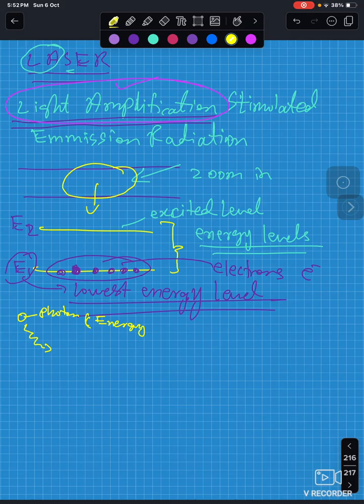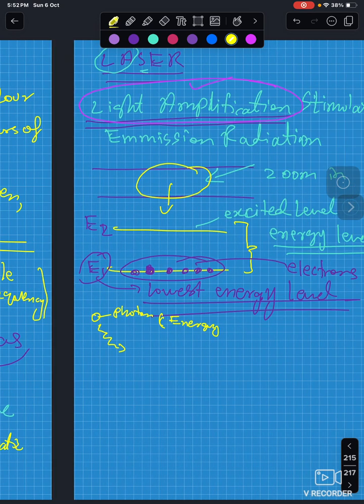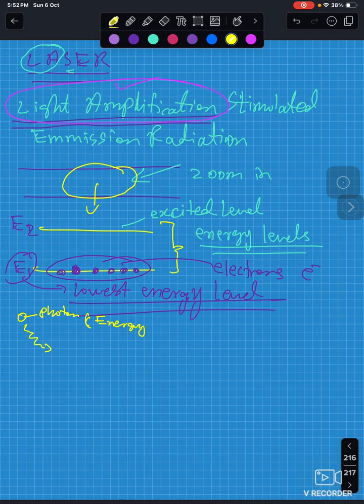I'll use yellow for light, since this color is not visible. Now here's an interesting thing: when I say it's a particle, I'm talking about the electron, not light, because here we are taking the light itself as a whole as energy, which is a wave. But when this photon comes and hits this electron, we'll say it's a particle.